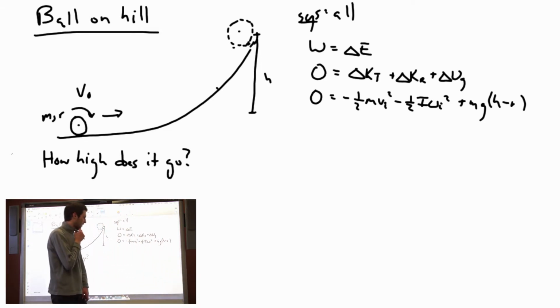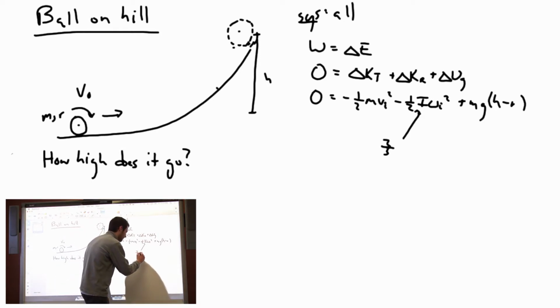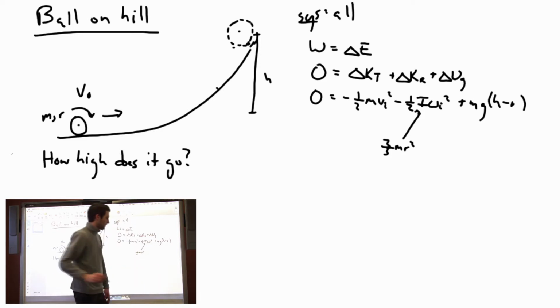Now, at this point, we're really close, because we've only got a couple more unknowns, and we can just go ahead and solve for those in another way. So I know I for a sphere is 2/5 m r squared. And luckily I know m and r, even though those turn out not to matter. It's kind of cool. So 2/5 m r squared. And then omega initial, I really know it's just v initial over r in the case of rolling.